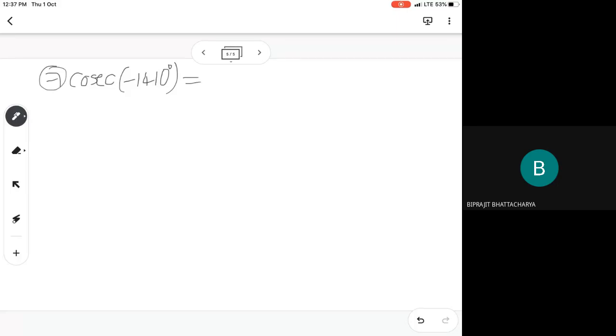Sine of minus theta, we learned negative angles yesterday. Sine of minus theta is equal to minus sine theta. Cos of minus theta equals to? Is it audible to you all? Yes, sir. Cos theta.